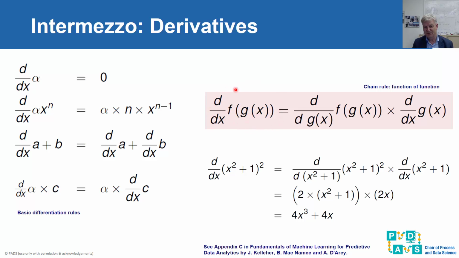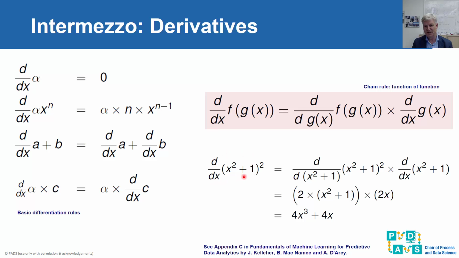So the derivative of this is the same as computing this: first the derivative not of x, but of this function g(x), times the derivative of just g(x). If I show it in an example, perhaps then it is more clear.